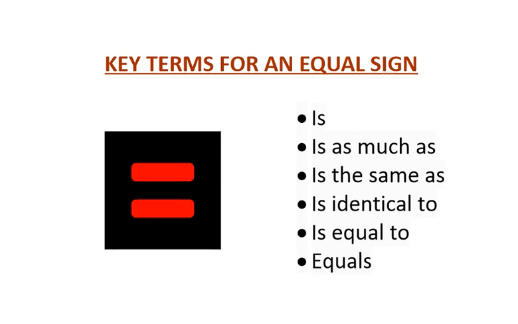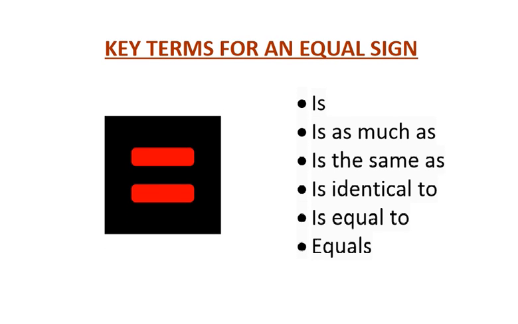So there's a couple important words that you need to know. When we did expressions with word form, we did not have an equal sign because expressions don't have an equal sign. But equations do. And so when we go from word form, we need to know what words tell us, hey, you need to write an equal sign.